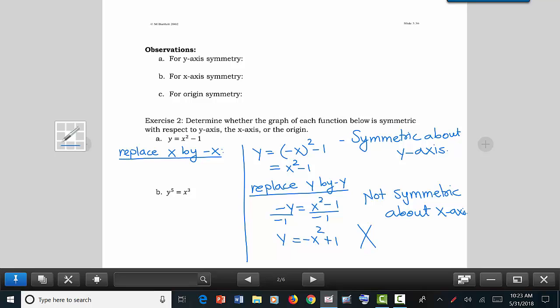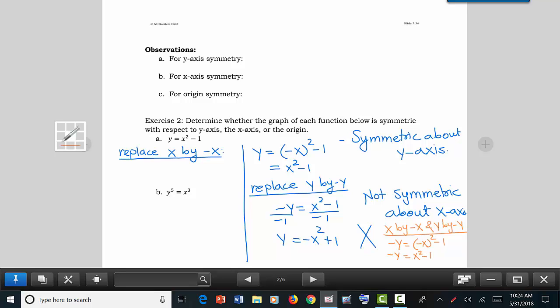Finally, if you replace x by negative x and y by negative y, let's see what happens. Negative y equals negative x squared minus 1. So we got negative y equals x squared minus 1.